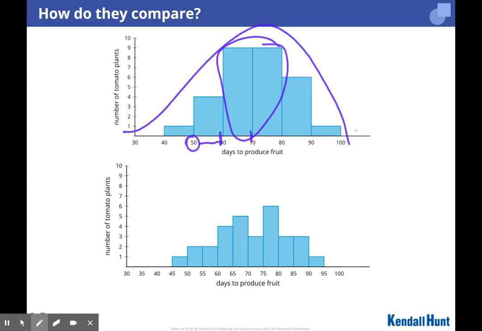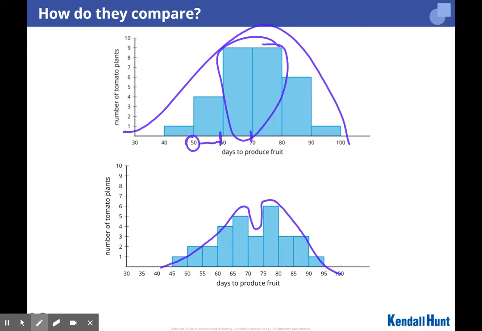But when we changed the interval from 10 to 5, our shape changed. You can see that it dipped and then went back up and down. You can see that dip, and it makes it a little bit more precise when you make the interval smaller.